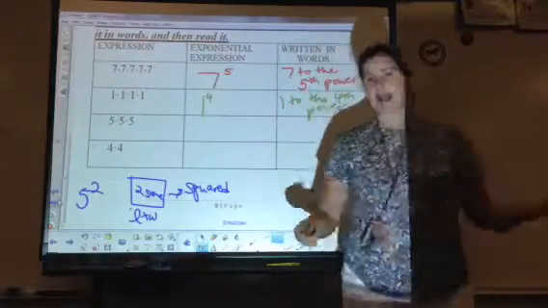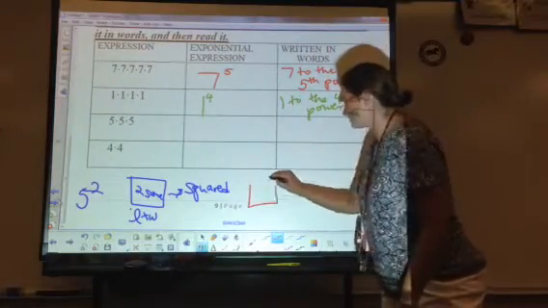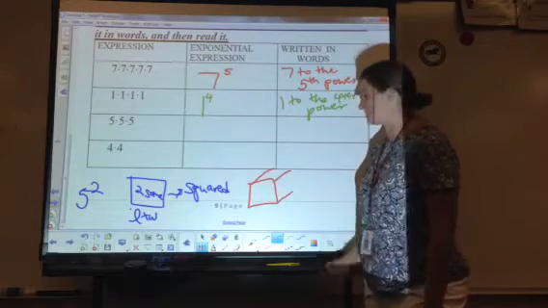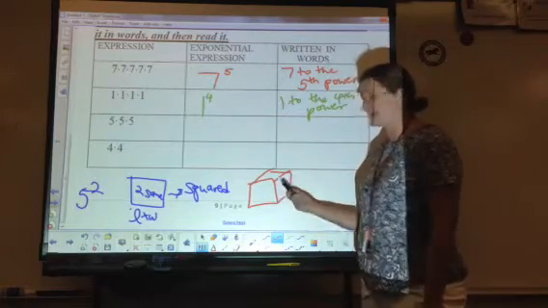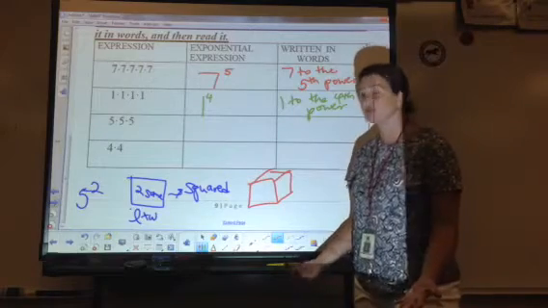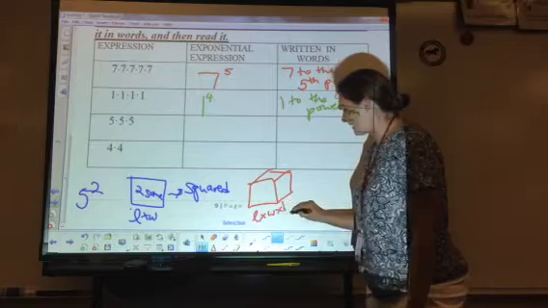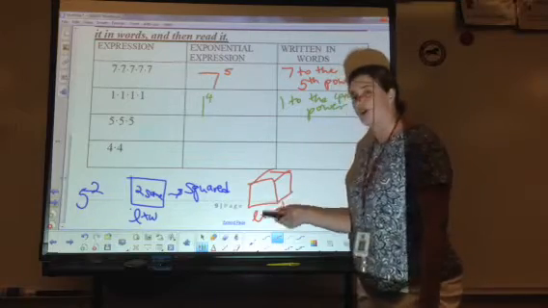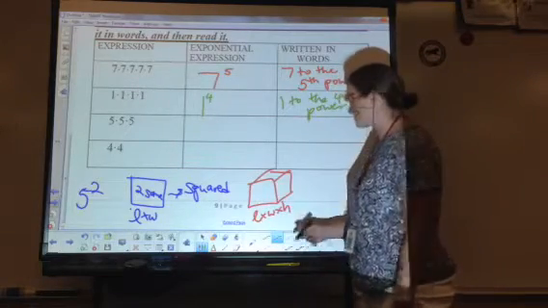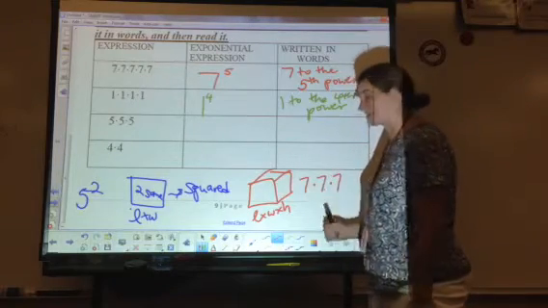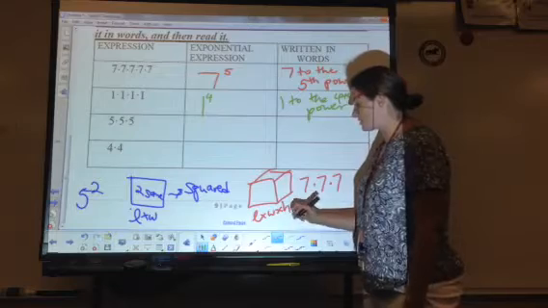The other one that can have a special name, draw a square. Draw 3 lines coming out of those corners, and then connect those lines. What does that look like? That's a cube. A cube has a length and a width and a height, 3 dimensions that are all the exact same thing. So when you have a number like 7 times 7 times 7 and they're all the exact same thing, it's like the 3 dimensions of a cube.